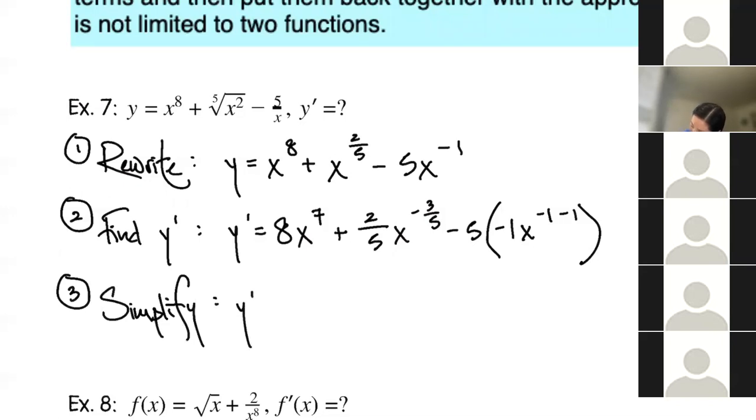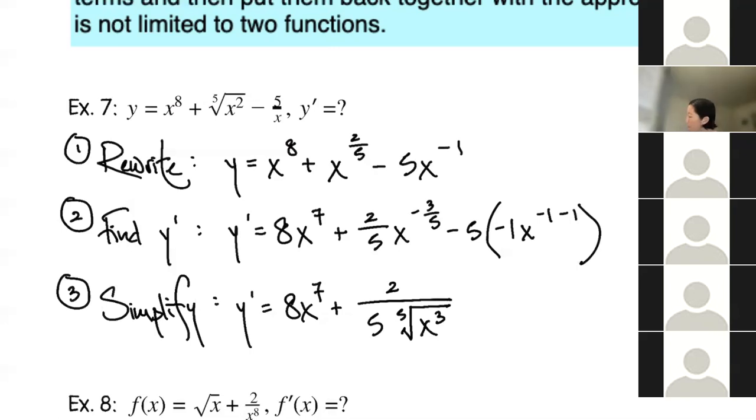So y prime equals, first term stays 8x to the 7th. That's fine. Plus, that's the middle term, 2 over 5, the 5th root of x cubed. Okay. What is the coefficient for this last term though? It's not 6. It's going to be 5.